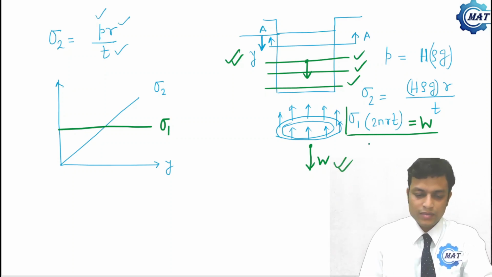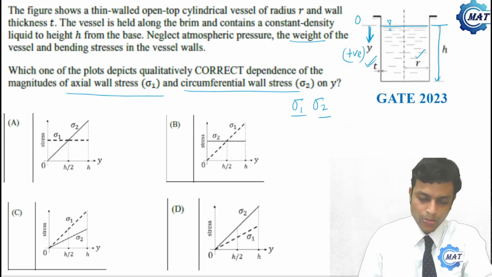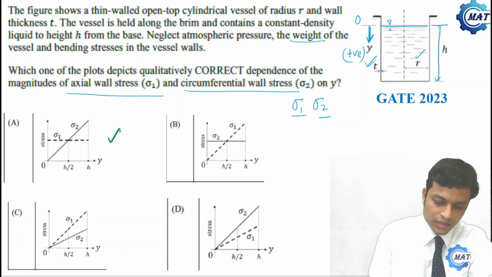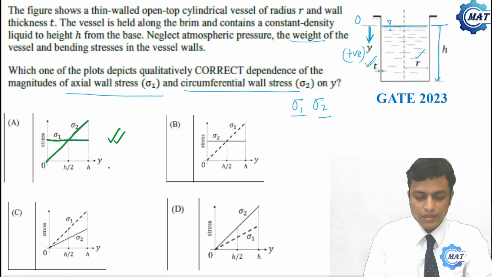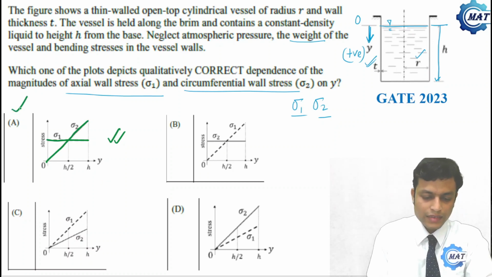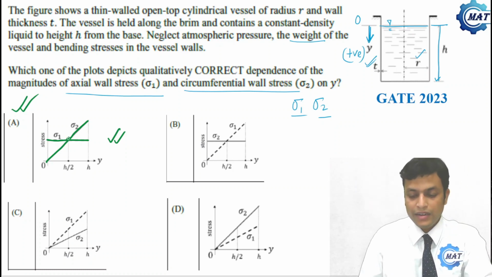This problem I have explained earlier. Now let us come to the options. Sigma 1 is constant, so option A, where sigma 1 is constant and sigma 2 varies like this, is the correct one. And they are the same at mid depth.